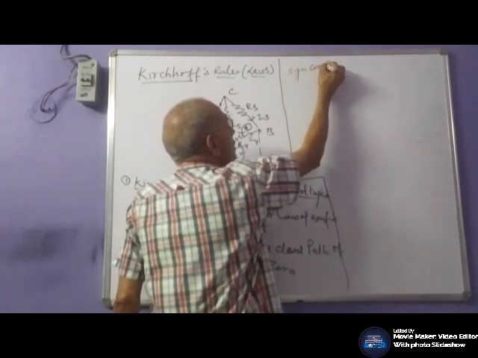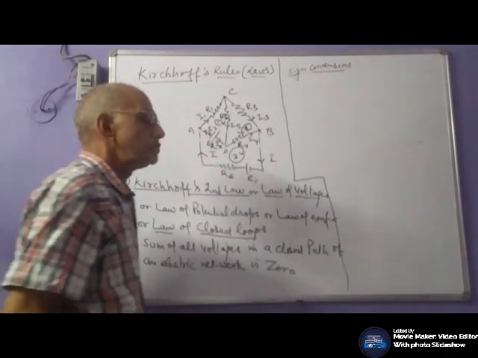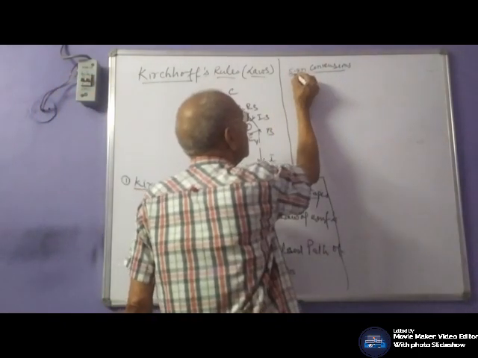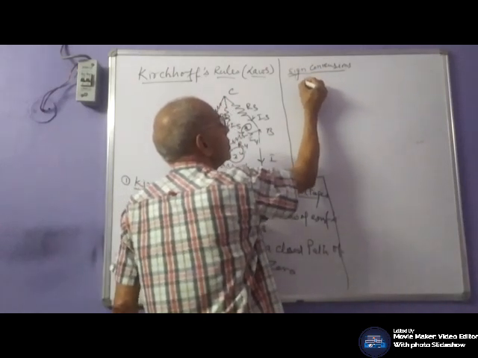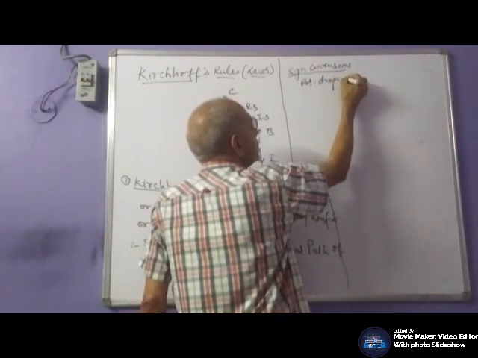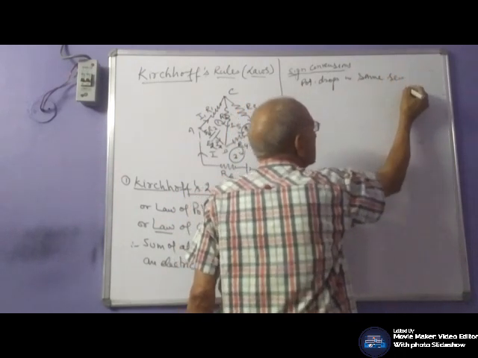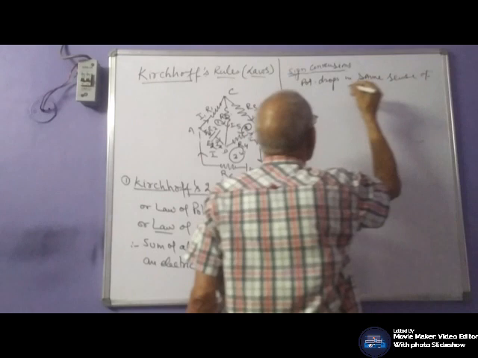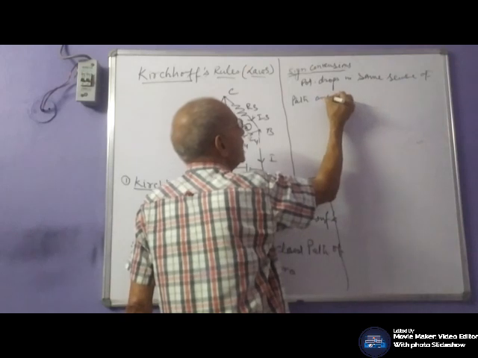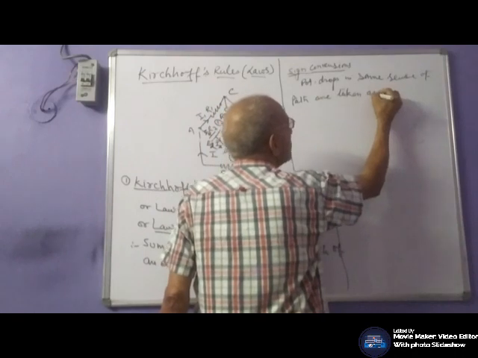Sign conventions: potential drops in the same sense of the path are taken as positive.